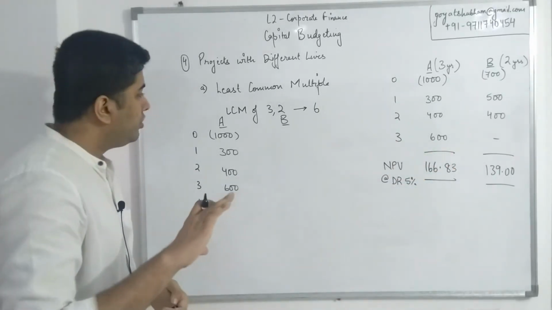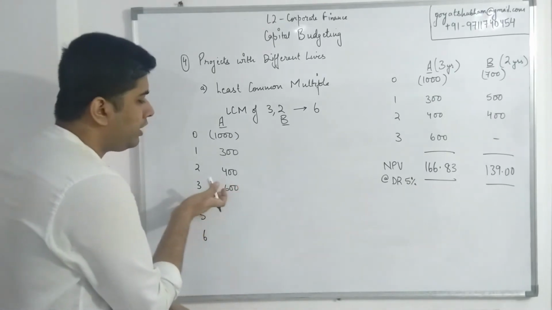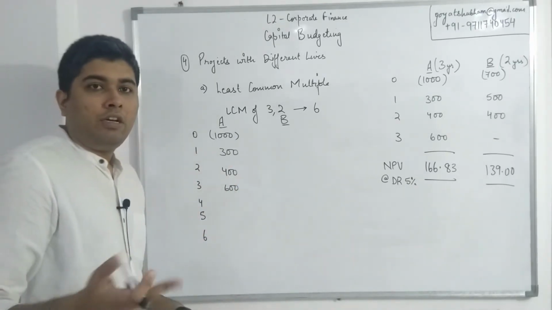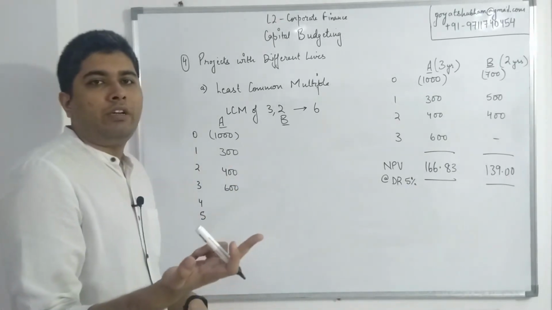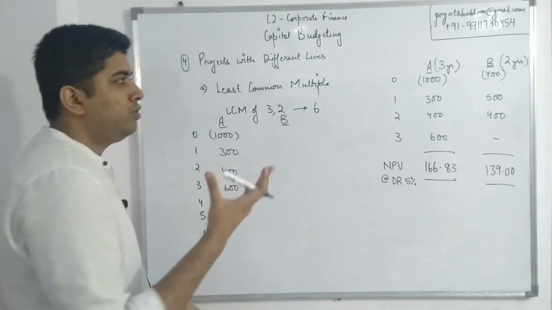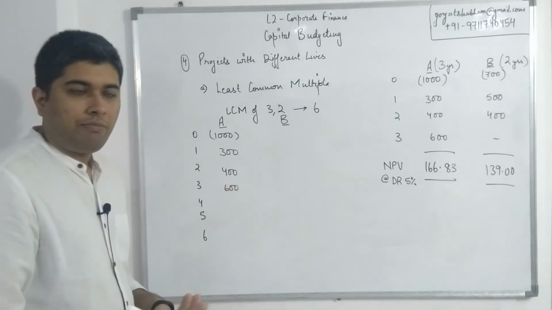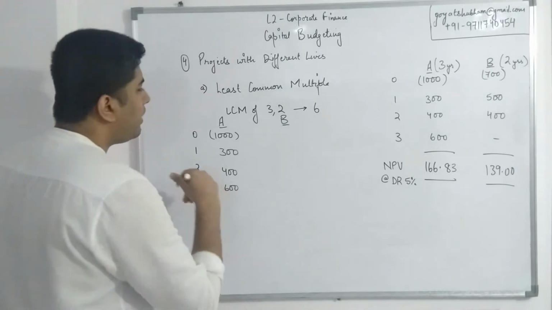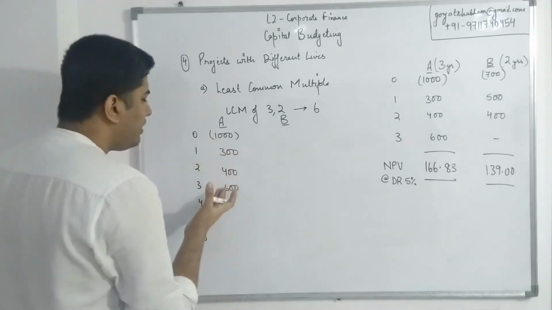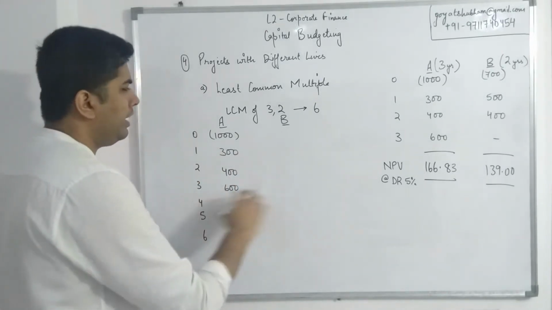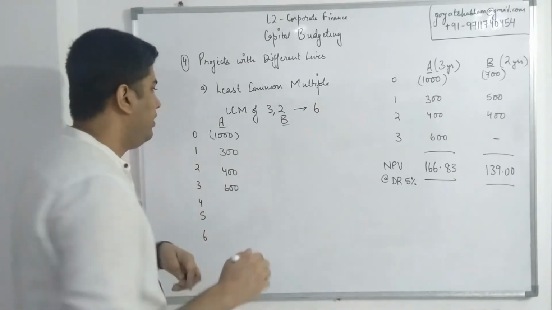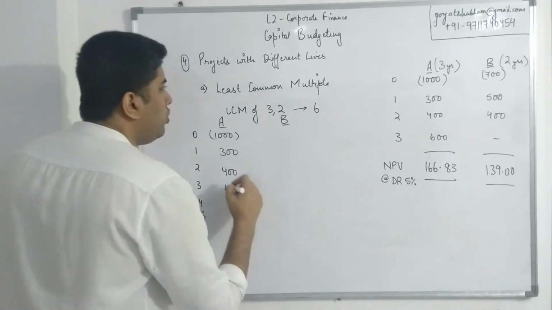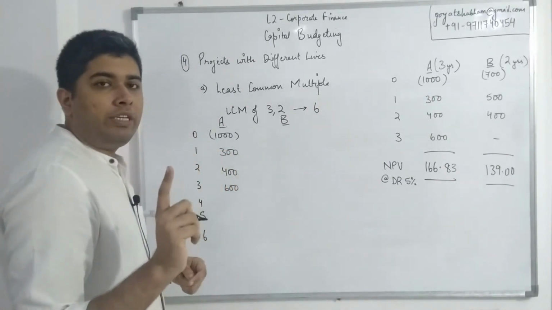The logic here is simple. The moment the timeline of a project ends, you reinvest money into it at the same cash flows for 3 more years. At the end of the third year, I receive 600 and I'm done, and I would also be investing my 1000 again.